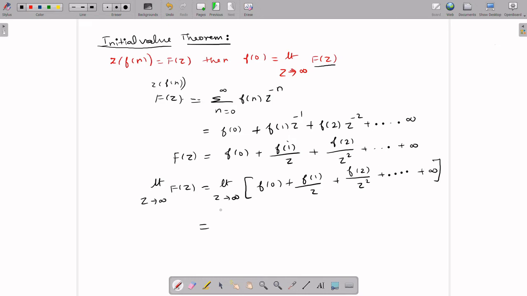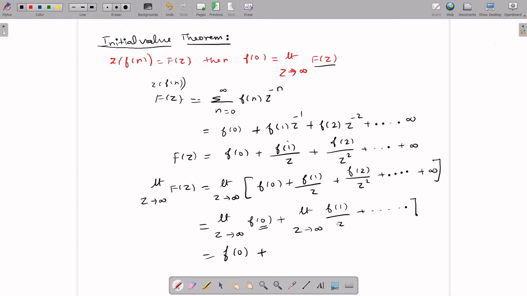When taking limit z tending to infinity, f of 0 plus limit z tending to infinity f of 1 by z plus etc. up to infinity, you have to write it, isn't it? And here there is no z term in f of 0, so you can write simply f of 0 itself. Plus, when substituting z is equal to infinity here, f of 1 by infinity.